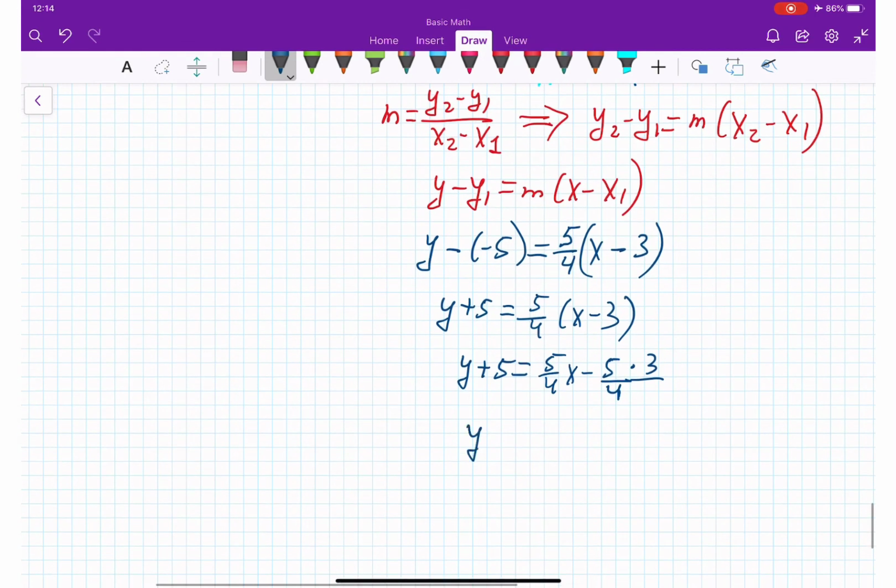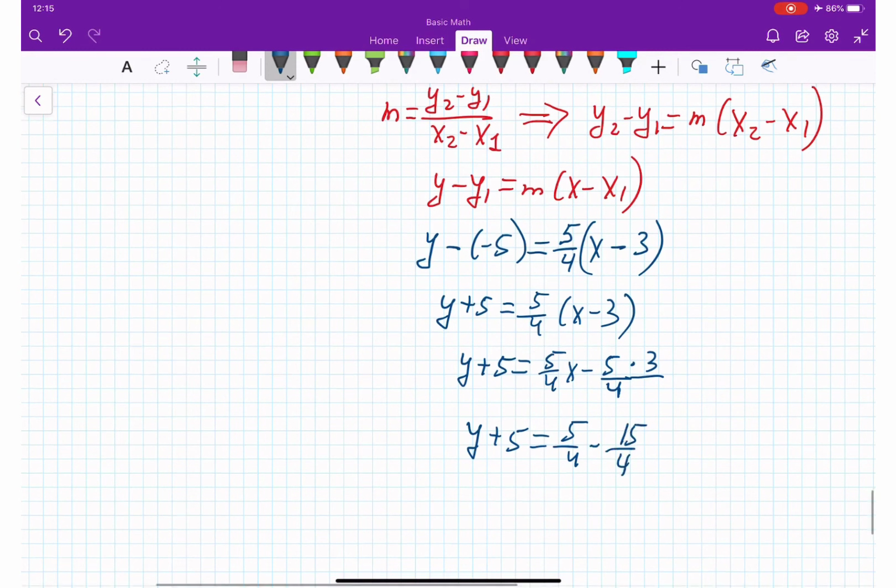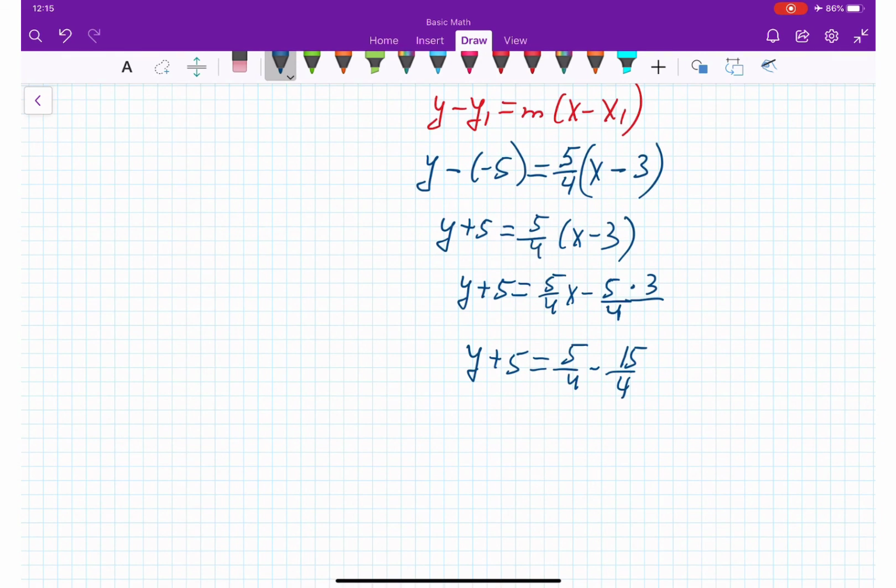So y plus 5 is equal 5 over 4x minus 15 over 4. Yes? All right. So let me move this 5 to this side and combine like terms. Y is equal 5 over 4x minus 15 over 4 minus 5.